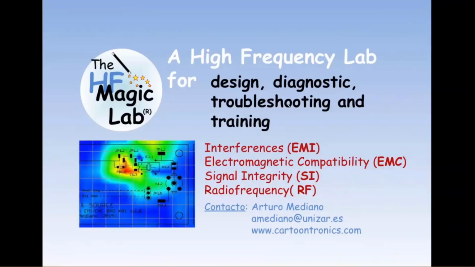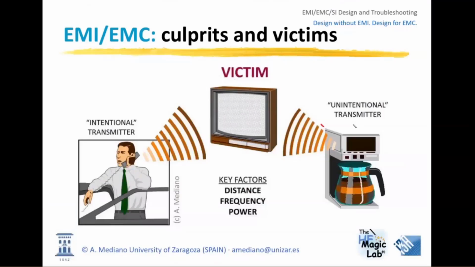Remember, in EMI and in EMC, we have a problem where some kind of victim will be experiencing problems. This is our victim. We have two possibilities for having problems from other products.